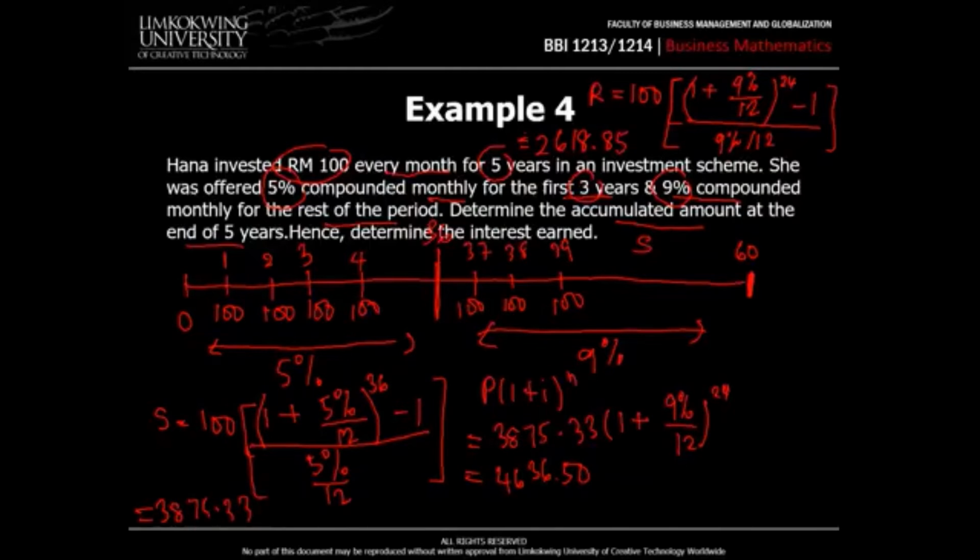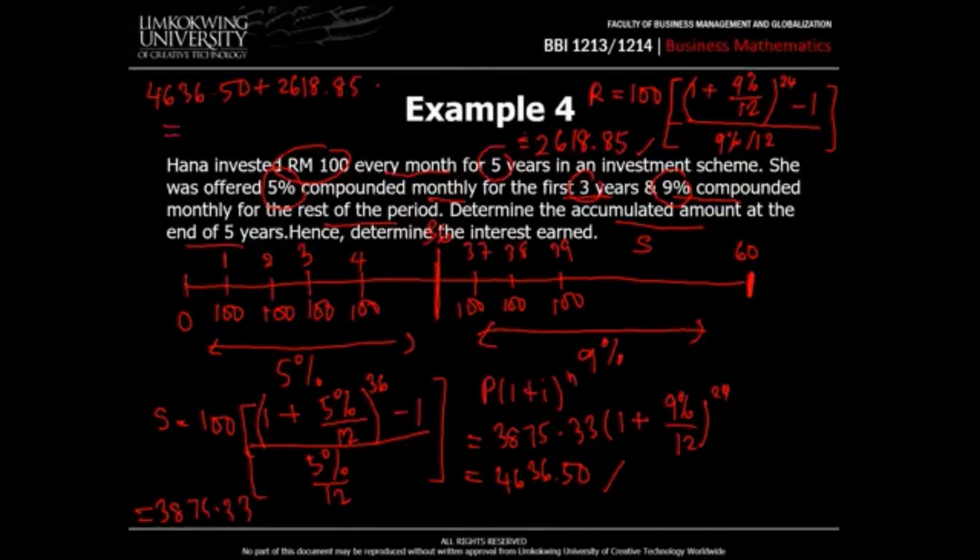Okay, so you have this amount of R, this amount of R. So to get the whole thing, because we have 2 streams here, 1 stream, 1 stream here. Wait a moment, and then the final value is we have to add both. So 4636.5 plus 2618.85.